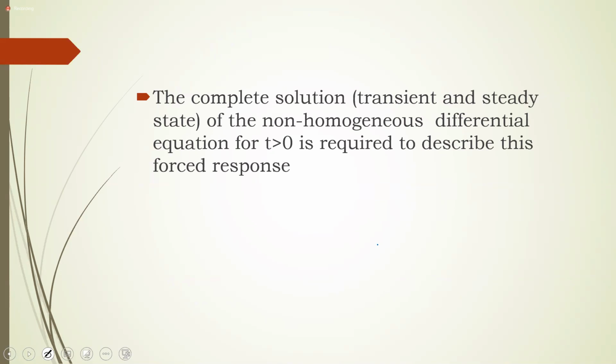The complete solution will now consist of a transient, and it has a transient because I am making a change in the circuit. I'm opening a switch or closing a switch. But because I am now applying a source to the circuit, the final current or final voltage within the circuit will not be equal to zero.